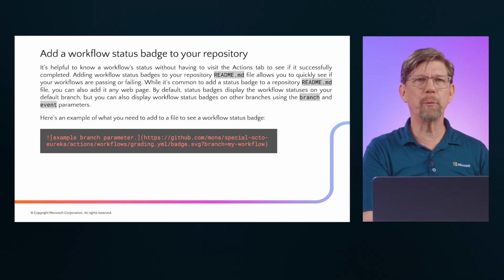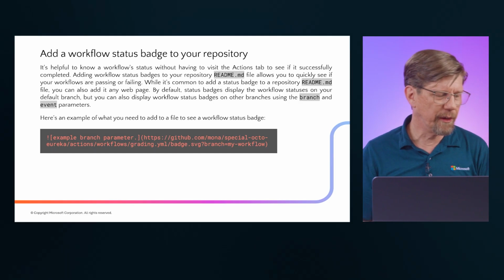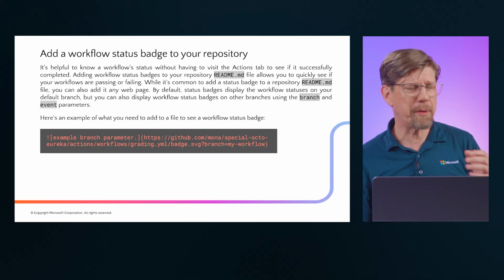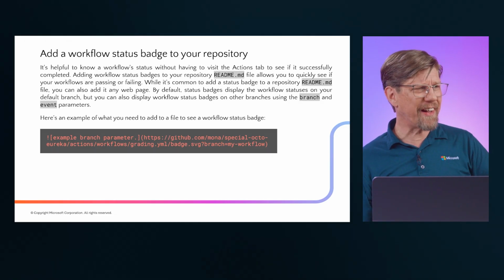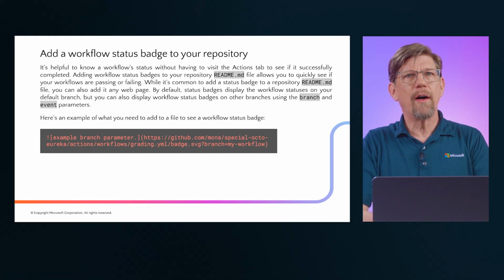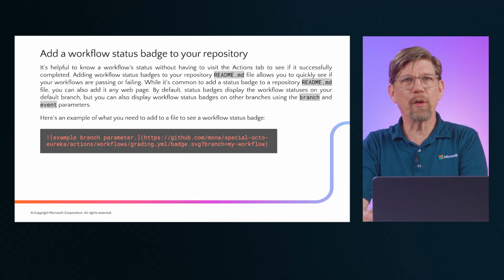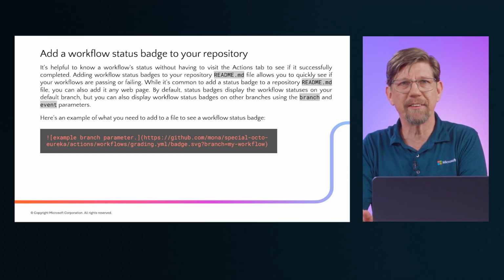And in that README file, we are supposed to show what we need to know about that particular repo. Well, one of the things that we may want to illustrate is, how's the pipeline doing? Are we succeeding or failing when the pipeline is running?